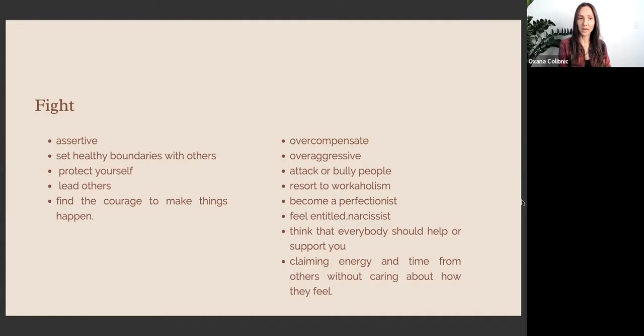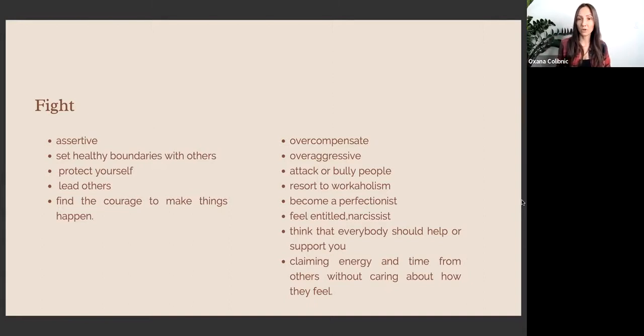So if a person has a fight response that's normal, then they would, for example, protect themselves, be able to lead others, find the courage to make things happen, and set healthy boundaries with others. But if they're not in a healthy fight response, meaning that fight response is prolonged for more than a normal fight response, then this person's behavior would be something like in the example on the right side.